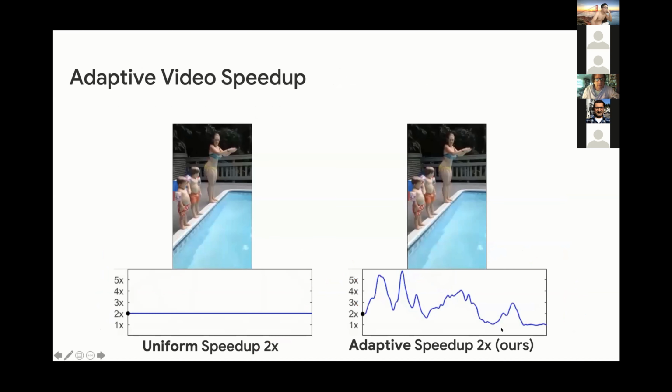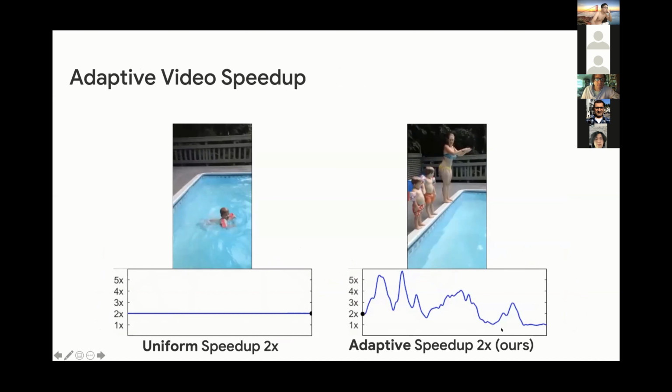So let's see the results. On the left is a video uniformly sped up. And again, it's visual chipmunks. It's people that are moving in a way that doesn't look natural at all. Okay, and now we do our adaptive speed up.